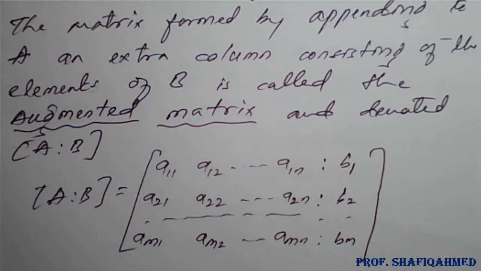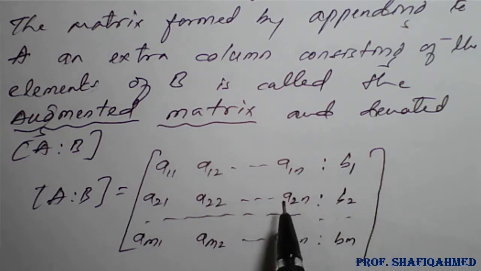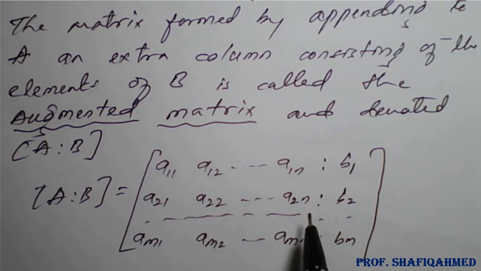It is nothing but one extra column we are adding to matrix A, and if you add that column, which has the elements of matrix B, it is the augmented matrix. This is one of the very important things.